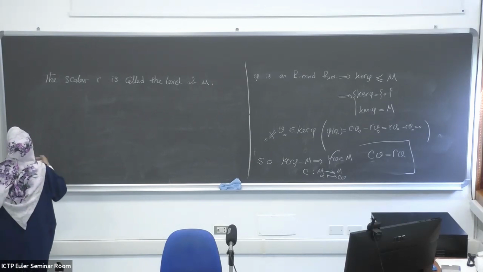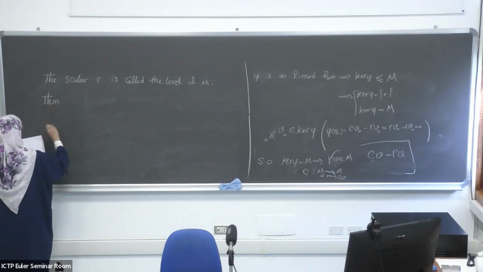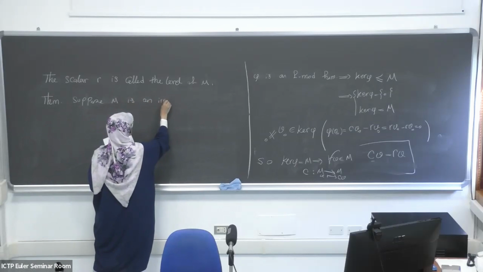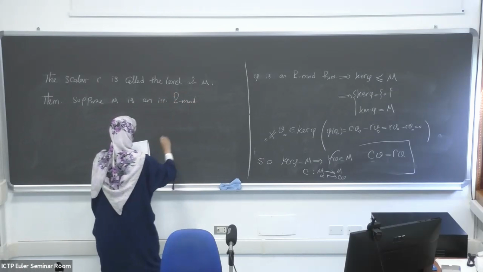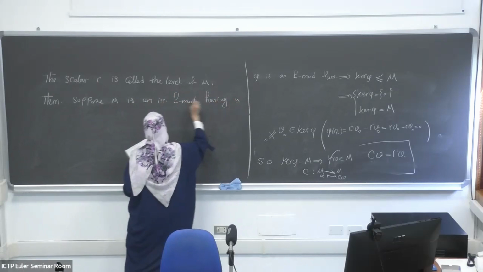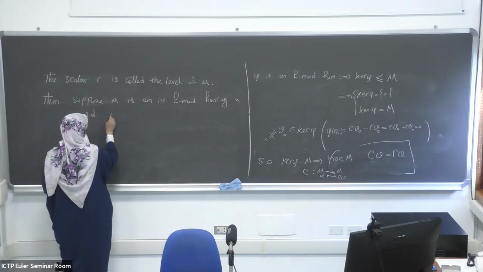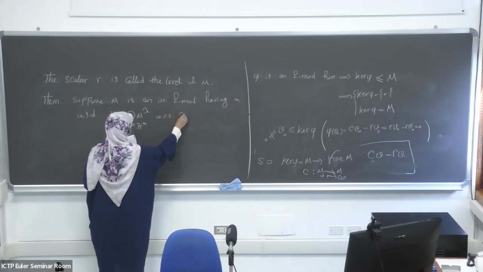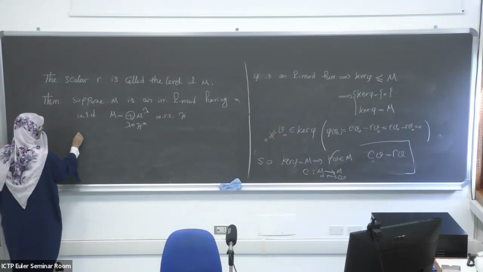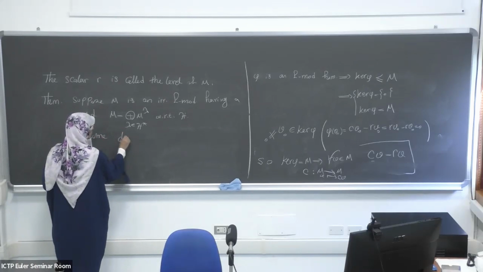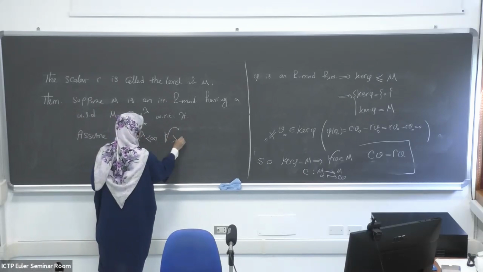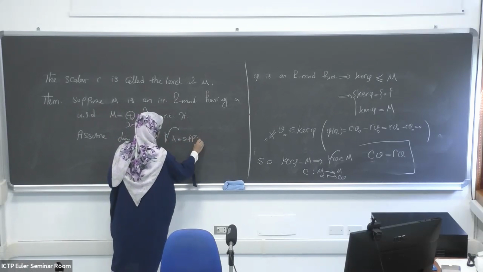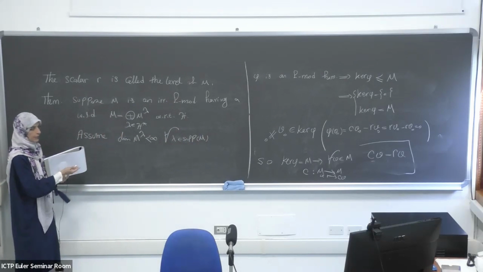And now we have a theorem. Suppose that M is an irreducible L module having a vector space decomposition with respect to H. Assume dimension of M lambda is finite for all lambda belong to support M. If lambda is not an element of support M, then M lambda is 0.